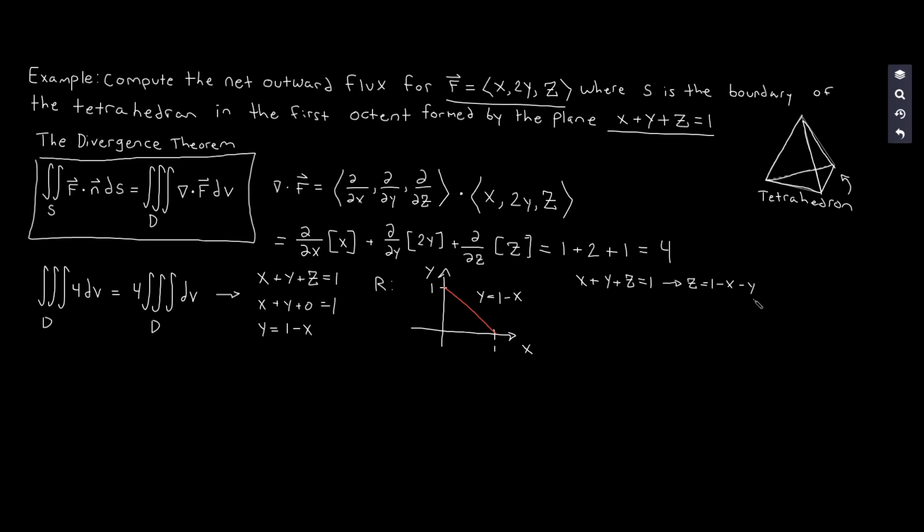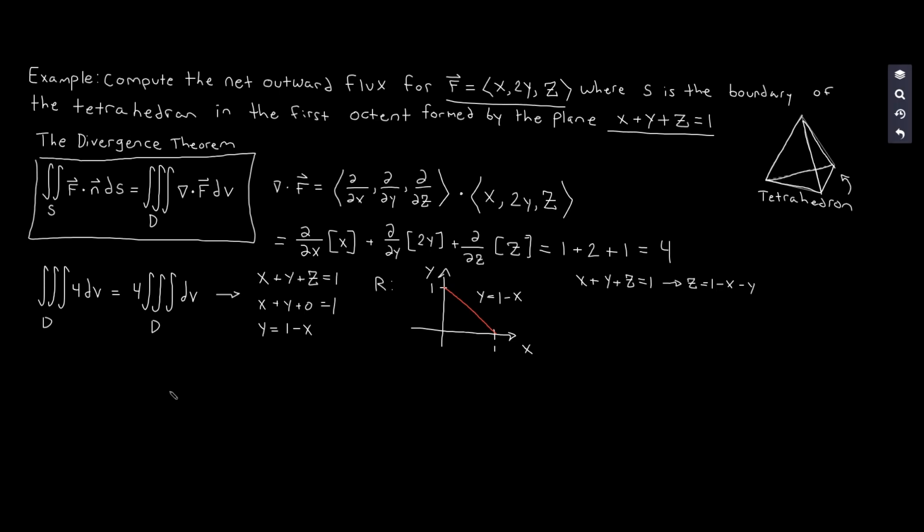I draw my region R so I can see that y varies from 0, the lower bound, up to my red line, y equals 1 minus x. So 1 minus x is y's upper bound, and x goes from 0 to 1.